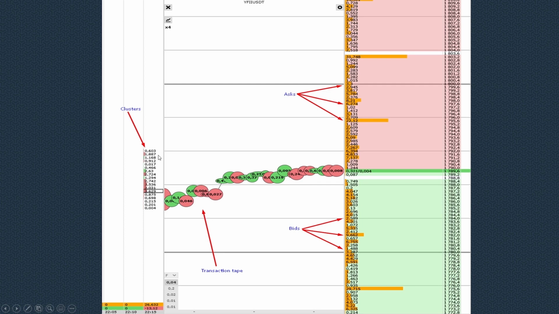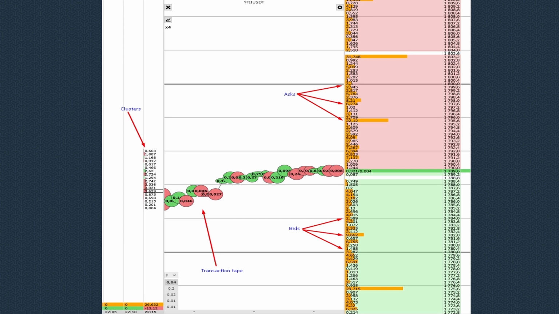So exactly this number of contracts was sold, because the cluster is depicted in red. However, here, exactly on this price, two contracts and 63 were bought, because it's depicted in green.